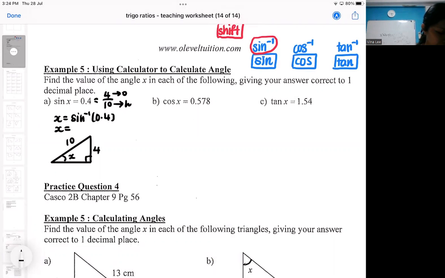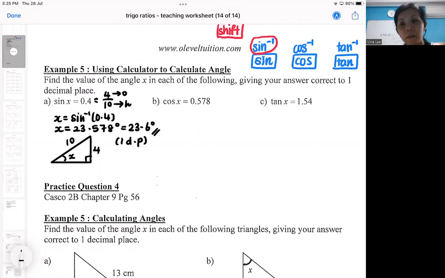You try pressing it. You will get 23.578, which you will round off to 23.6 degrees. So O-level standard, it will be 1 dp for angles in degrees.